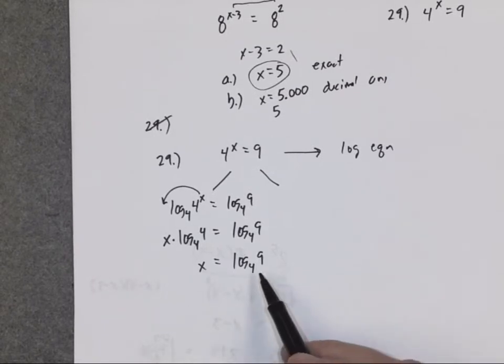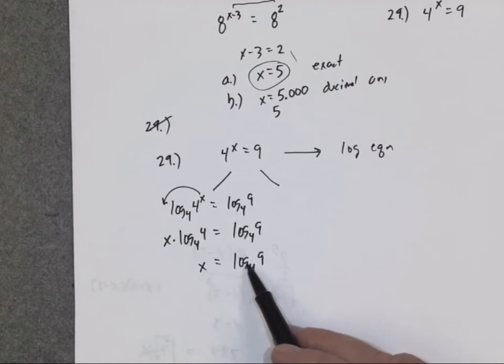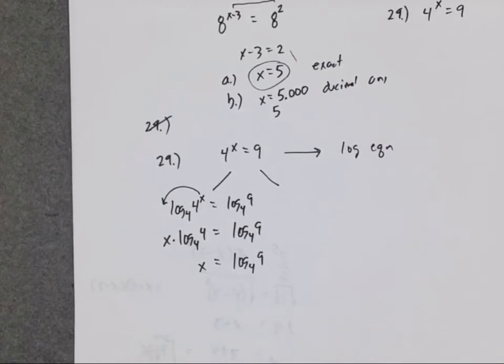However, they don't really want you, and this isn't so great, but just know it now. When you give an answer on the test, they don't want you to leave your answer with one of these unusual bases. They really want the answer to be in common log, log base 10, or natural log.